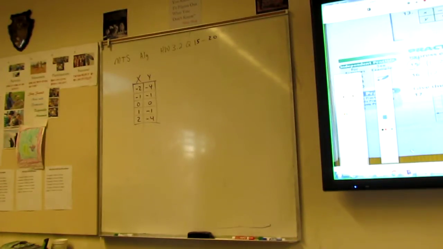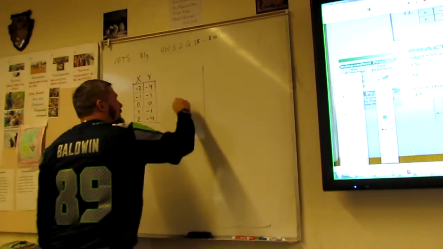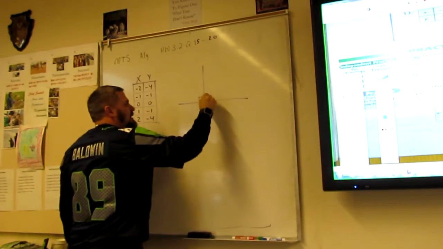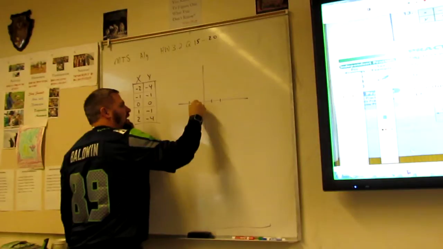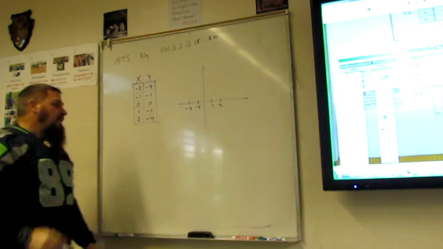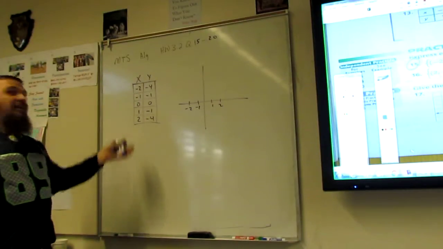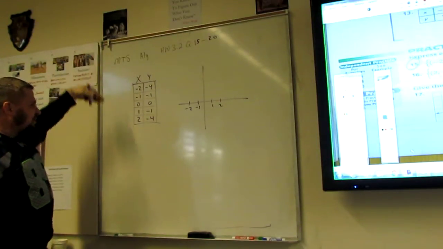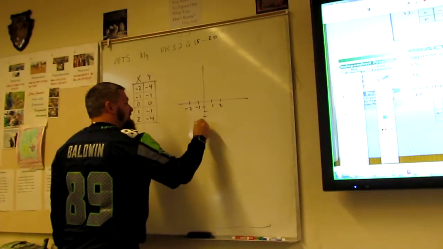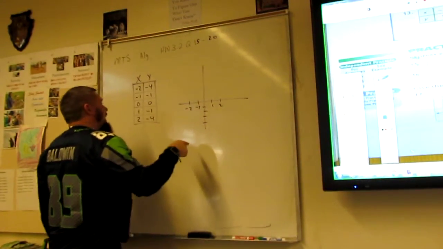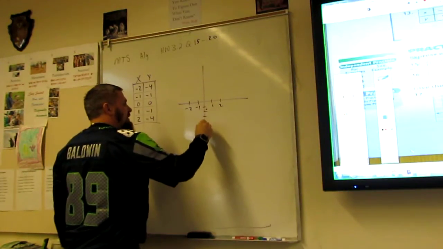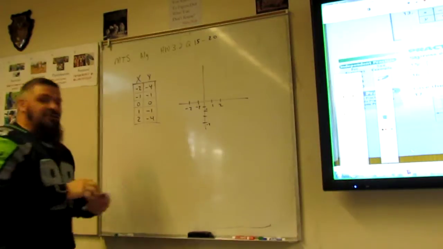If I want to graph it, I know that this is from negative 2 to 2. So I go 0, 1, 2, negative 1, negative 2. My Y's are just going to negative 4 from 0. So it's 1, 2, 3, 4. Now I can start graphing them.